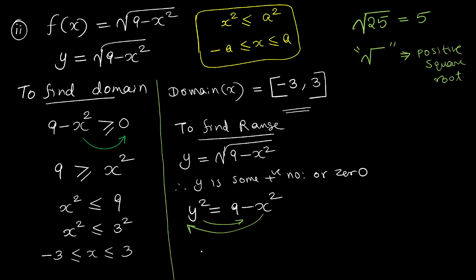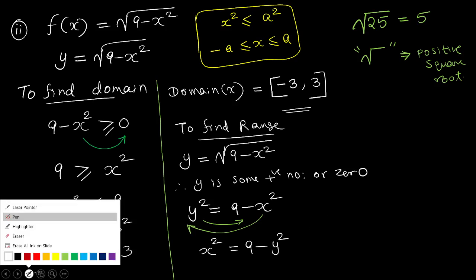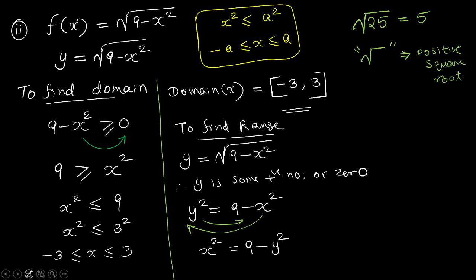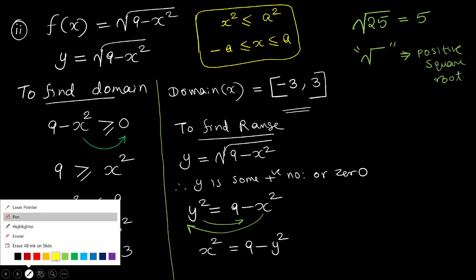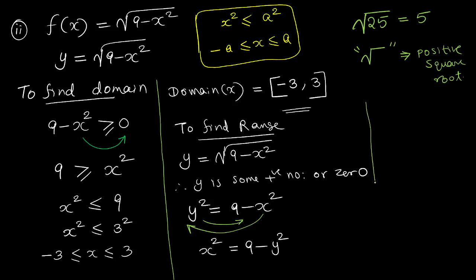To find the range, you have to convert the equation into either x equal to or x square equal to. So x square equal to 9 minus y square. Is that okay? All of you clear? Till this step you are okay? Yes. So x equal to or x square equal to, both are okay, no problem.